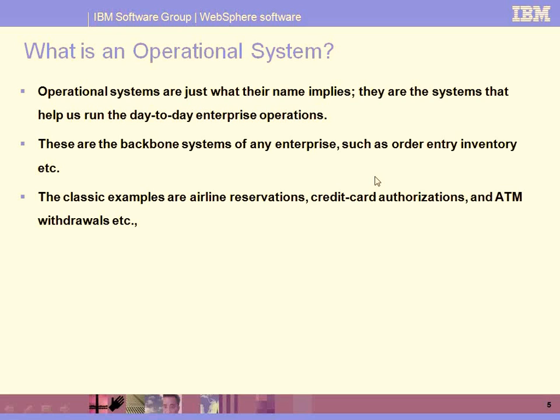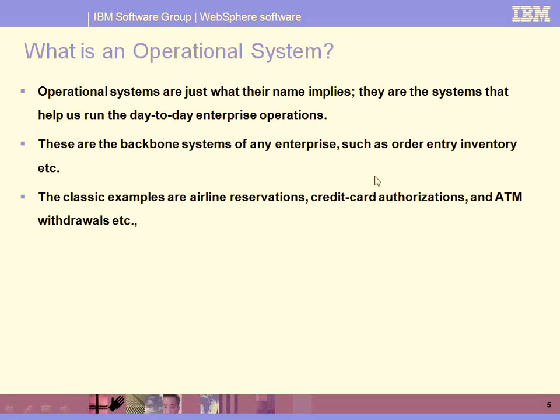Like this, for every business unit, before we maintain that business unit's data in the warehouse, there are operational systems that already exist. Every business is already maintaining an operational system to hold daily transactional data about the business.